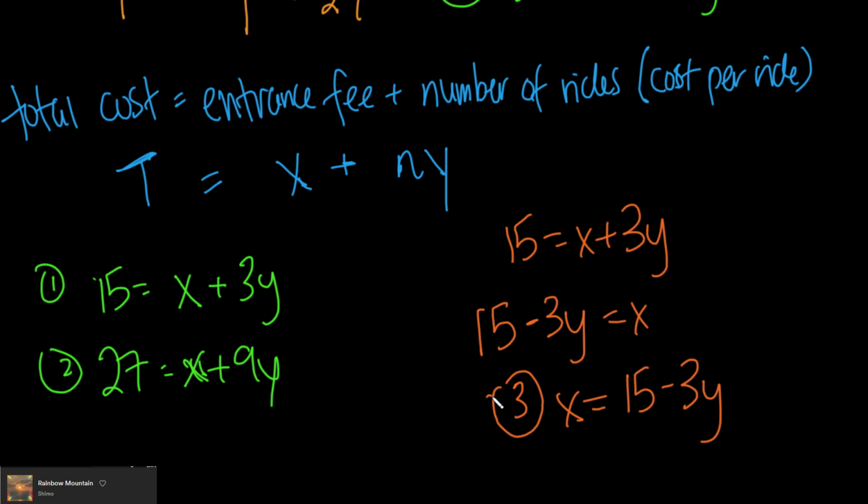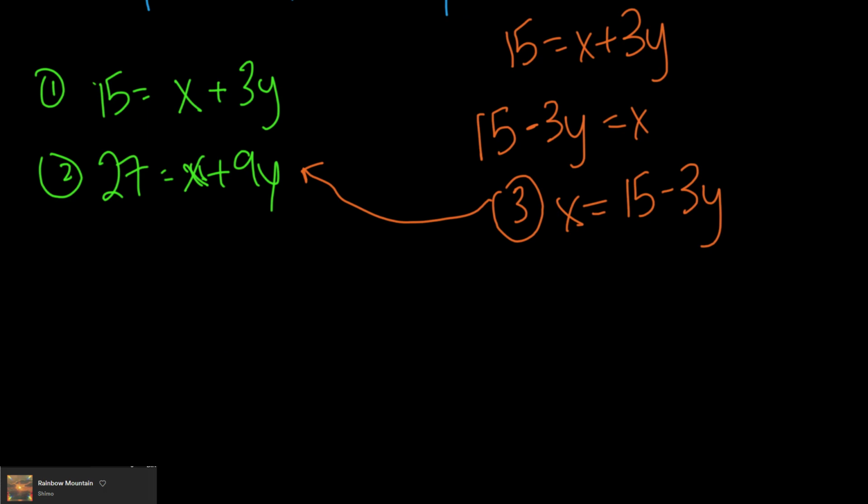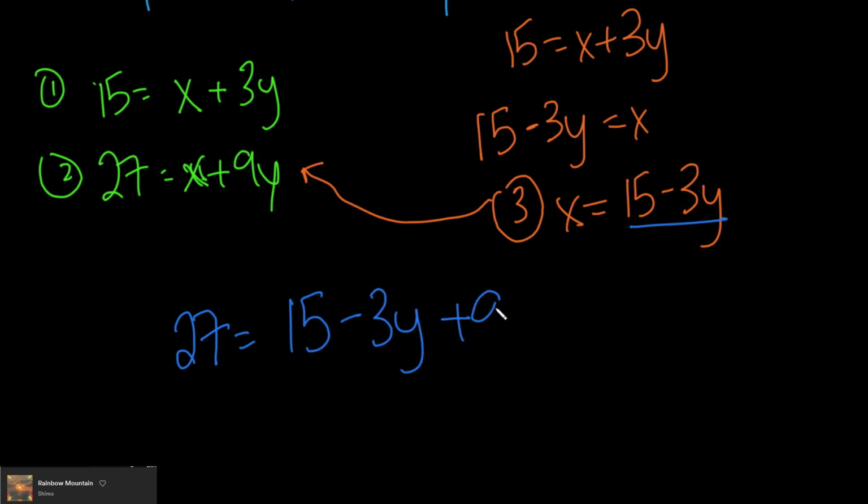I can sub this into my second equation for this x value. So I can rewrite now: 27 equals x, which is actually this term here, 15 minus 3y, plus 9y. And now I'm going to isolate for y.